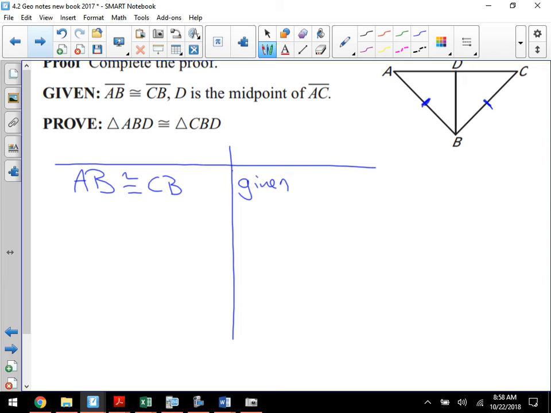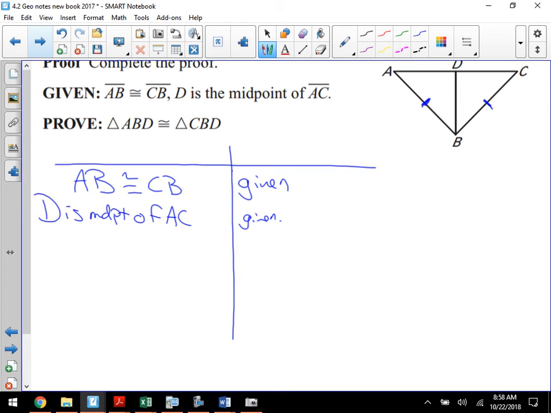Our next given says D is a midpoint of AC. According to my progression sheet, what does it say to do when you have a midpoint? Segment equals segment, or segment congruent to segment.